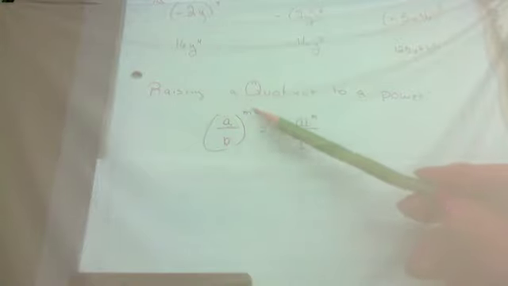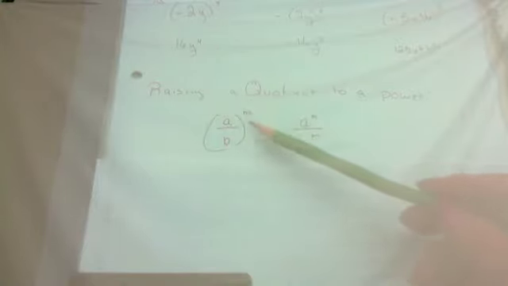I just apply the exponent to the a, and I apply the exponent to the b. So it would be a to whatever the exponent is over b to whatever the exponent is. So it's very similar to the product rule.